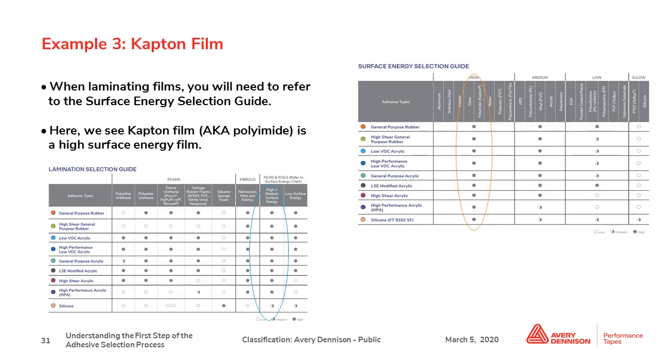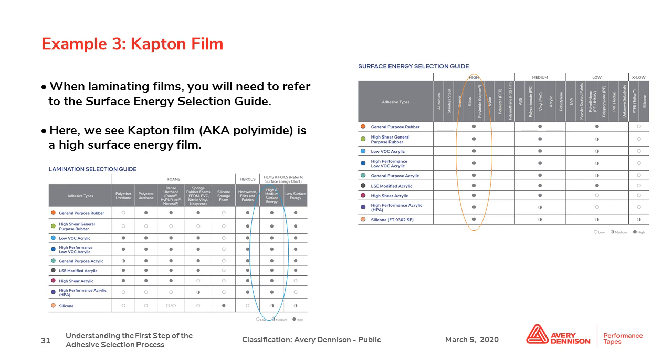And the final example we have today for you is a film example. So you're working with a Kapton film, and you look at your lamination selection guide and you see that for films and foils, it tells you to refer to the surface energy chart to determine whether or not it's a high or low surface energy film.